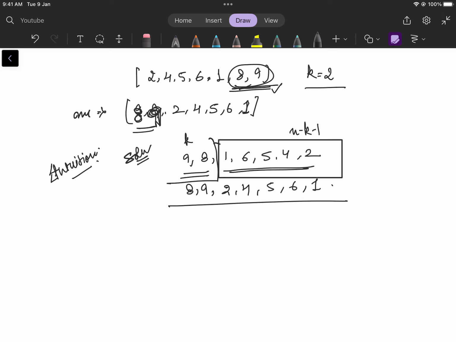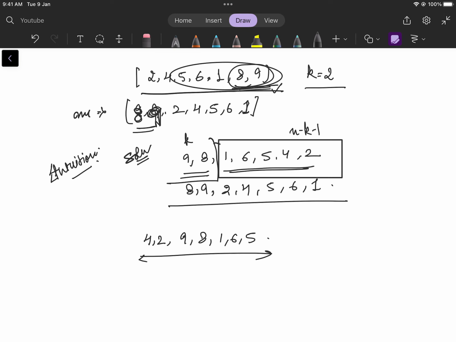You can also do it this way. For 2, 4, this is the array, reverse the first two elements. Sorry, firstly you reverse the first two elements, then you reverse all other elements like 9, 8, 1, 6, 5, and then you can reverse the whole array. Oh, that is not working.